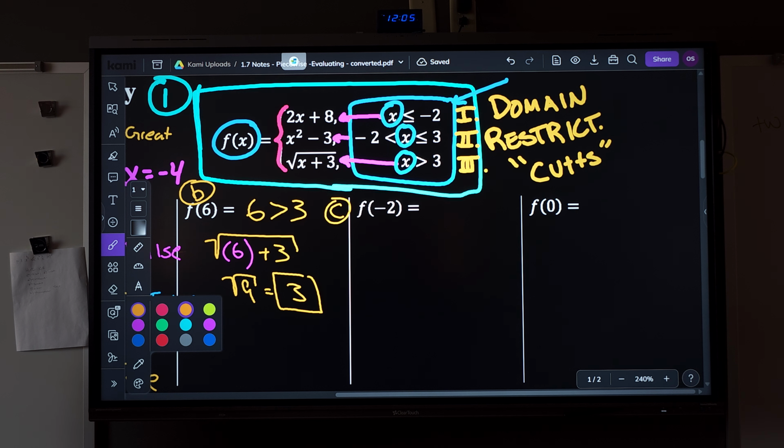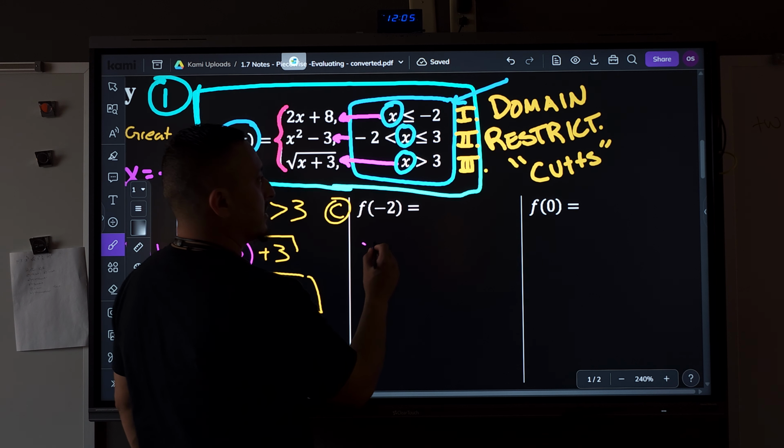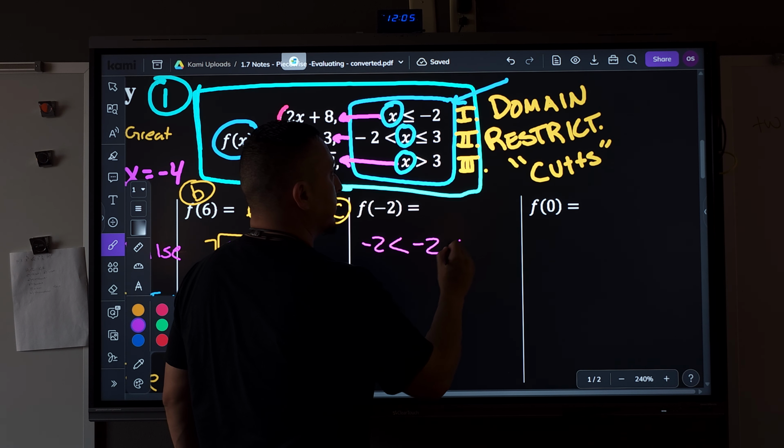Okay, Jahari, what do you think? Number 1, okay. Another class, they thought it was number 2. So let me address number 2 in case you had trouble with this one.